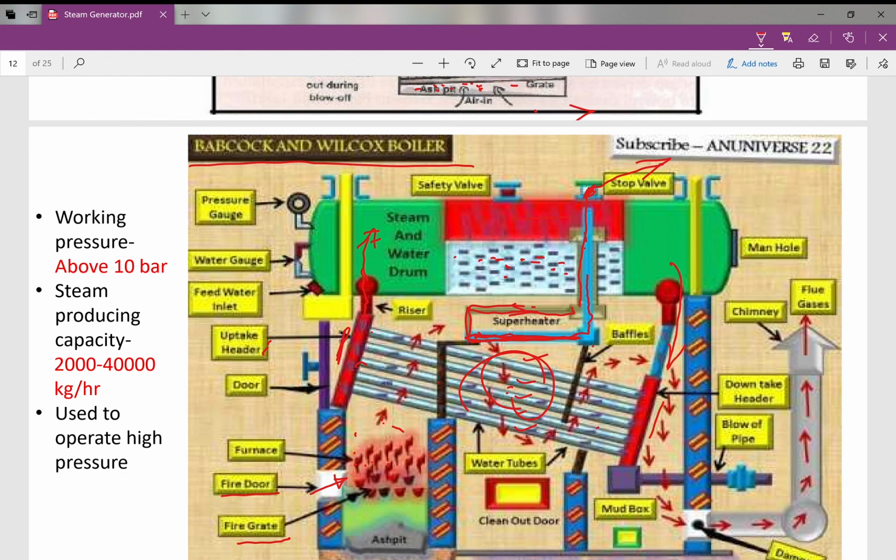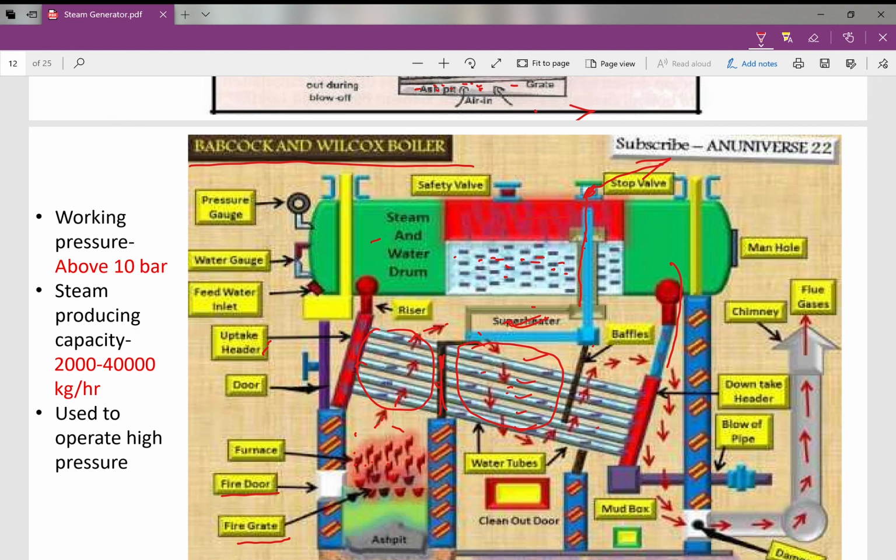So dear students, I will tell you about the movement of hot gases once again. Movement of hot gases: these red arrow heads are given. First it is stopped by this black baffle plate, so that proper utilization of heat happens here. Then it comes to this portion where the superheater takes heat, all these tubes get heat.